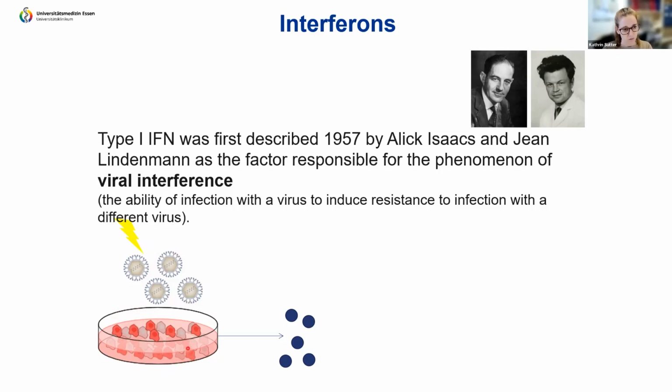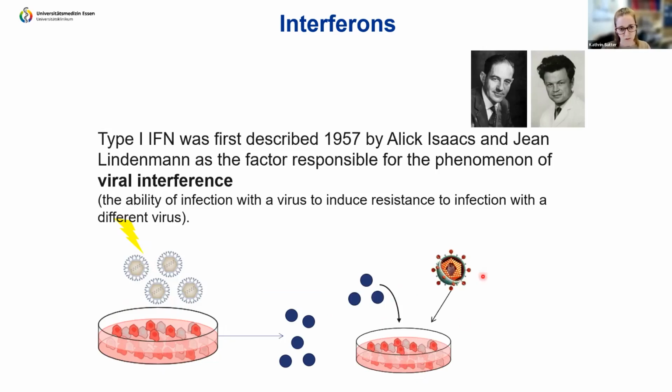And they gave this heat inactivated virus to the chicken cells. Then they took the supernatants of the cells and put this onto other chicken cells, and came in with a virus, again an influenza virus, which was not heat inactivated. So this virus can still replicate in the cells. And what they saw is a complete protection of the cells.